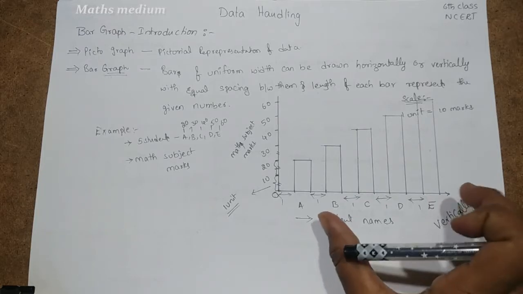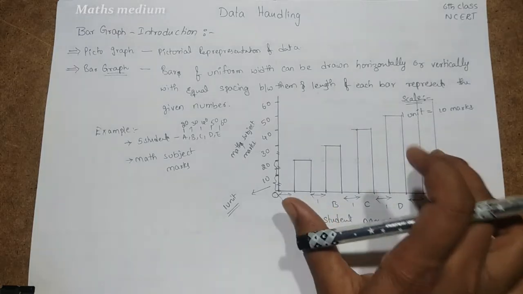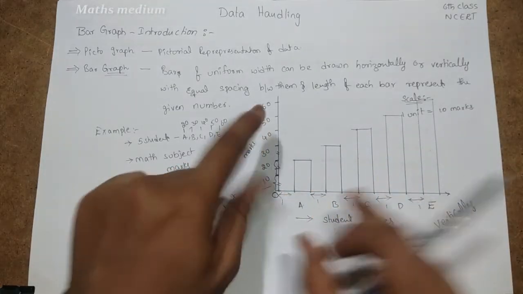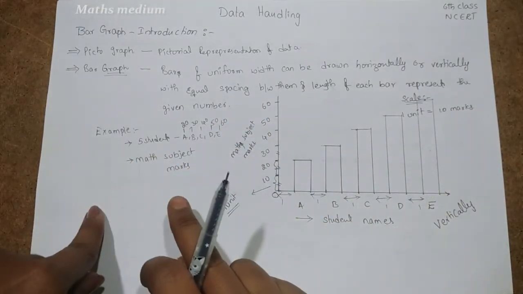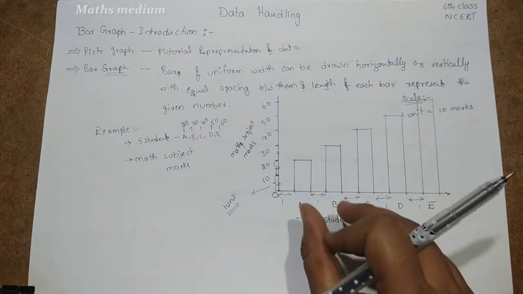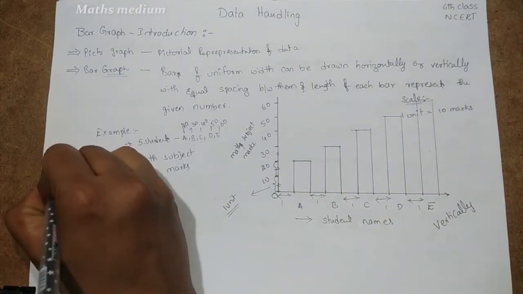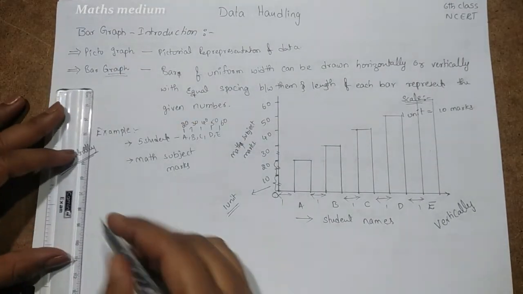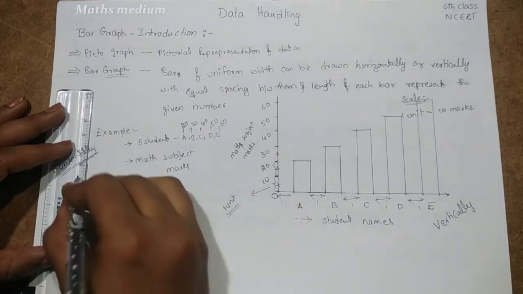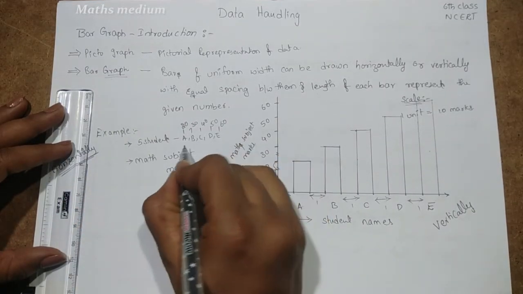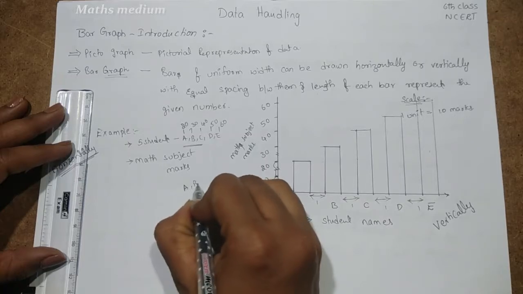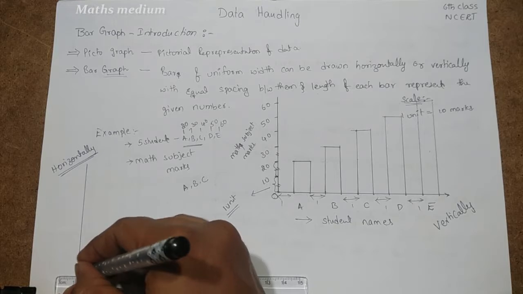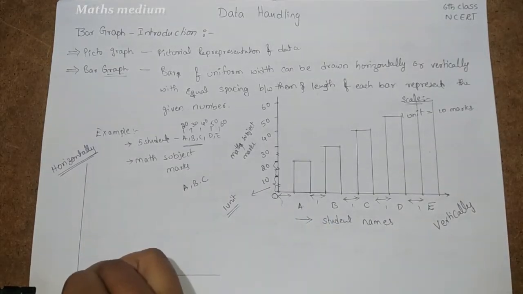So this is the vertical representation of a bar graph. If in case you take the bar graph horizontally, we have to portray it like this. I am going to explain this here. Now represent the bar graph horizontally. Take the scale as it is. Here I am taking 3 members, A, B, C. Let's see how to draw a horizontal bar graph. Again this is 0.